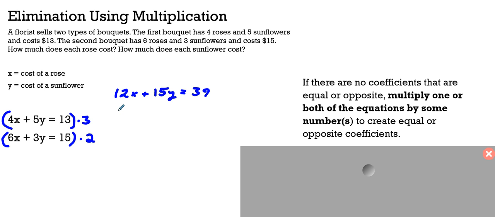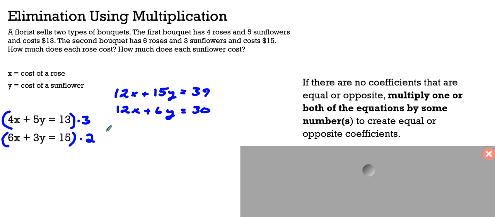The bottom one is going to be 12x plus 6y is equal to 30. There's no way around this. We're going to have bigger numbers to deal with, but so long as we multiply the entire equation by the same number, the solution, if it exists, will remain the same. We won't affect the solution.